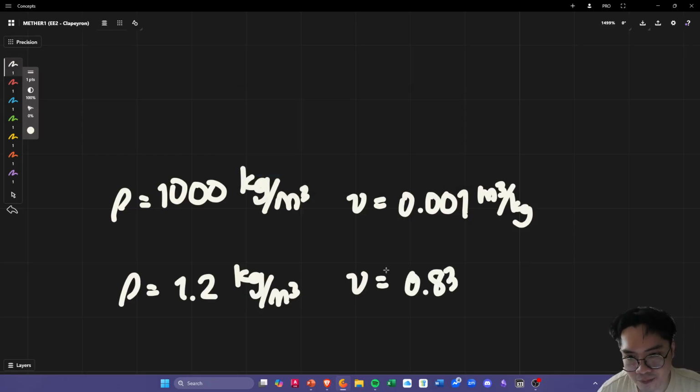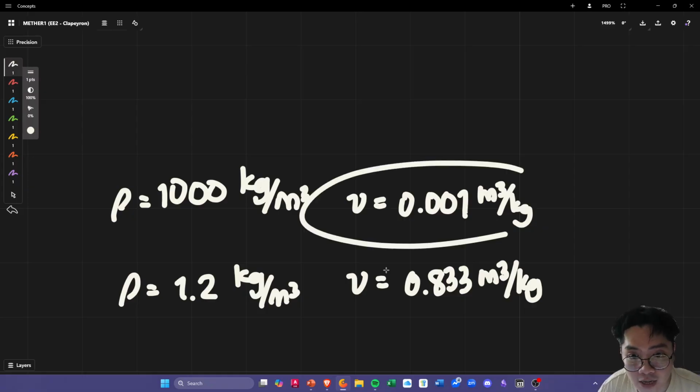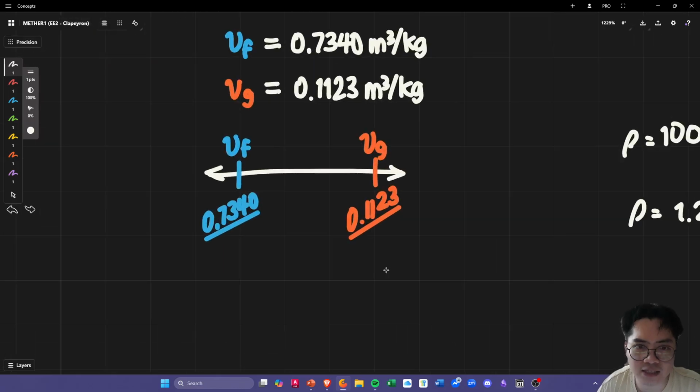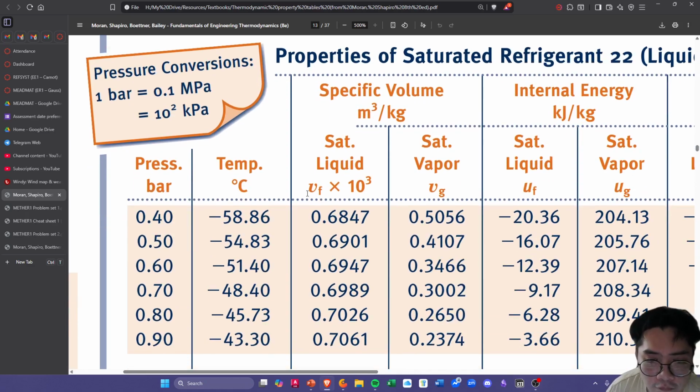Look at that. I know these are not the same substance, but still, just to get a little bit of perspective, liquids should have lower specific volumes than gases or vapors. And so now, why is this the case? This is because if you're going to look at the saturated liquid, it's not displaying you the value of VF.